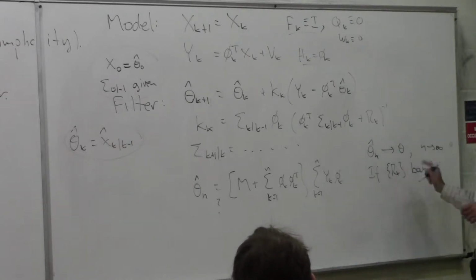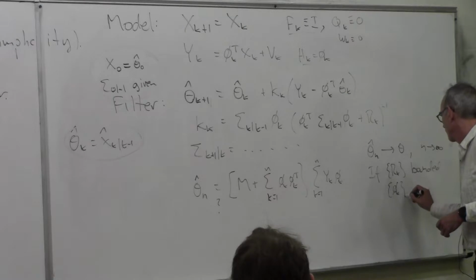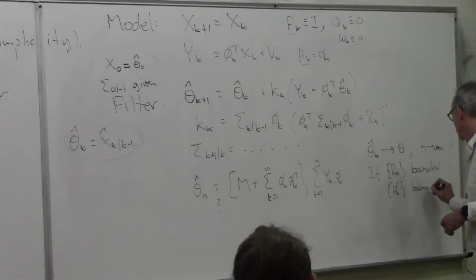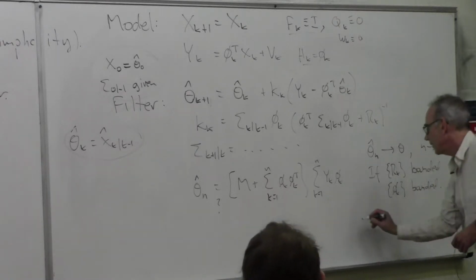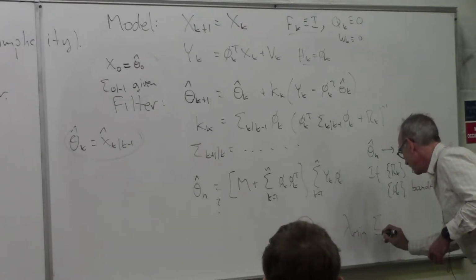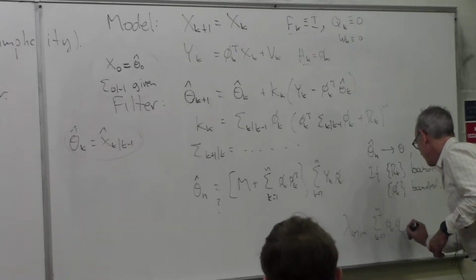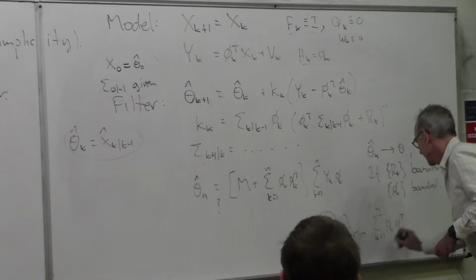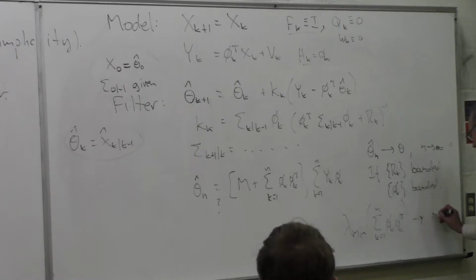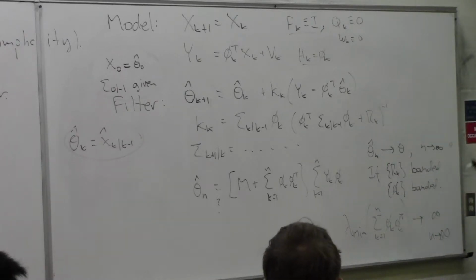First of all, you're going to need bounded noise, and then let's say phi k bounded. We don't need that, but let's do it. And the minimum eigenvalue of the summation k equals 1 to n of phi k transpose goes to infinity. That's called persistence of excitation, or weak persistence of excitation.